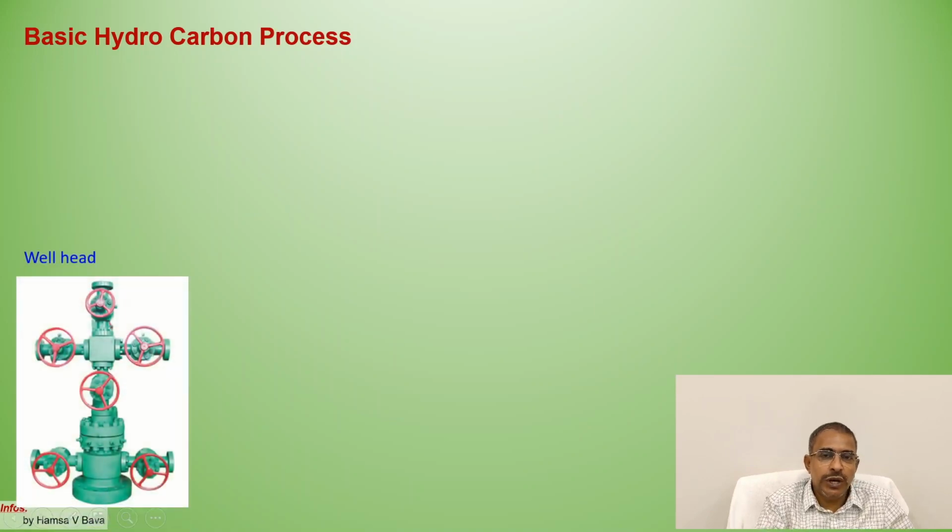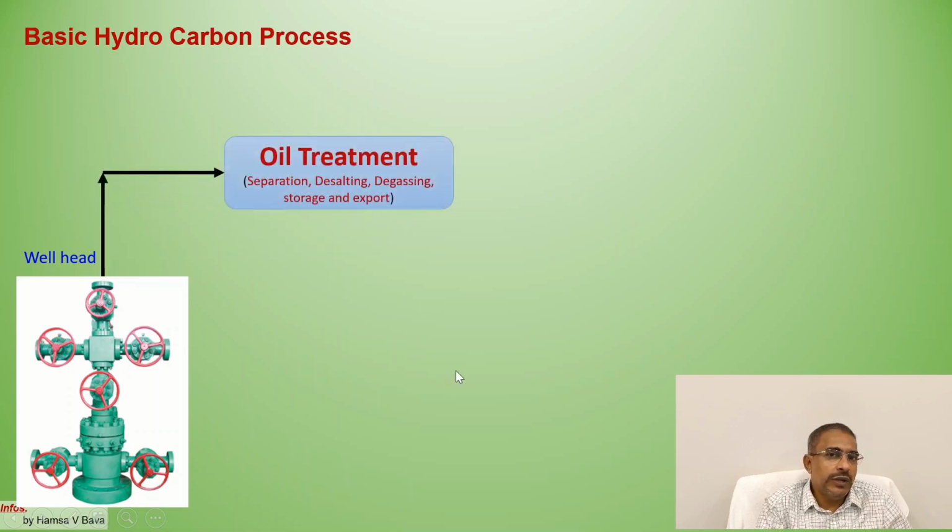As you usually know, I have already explained this in our previous videos. This is a wellhead, from which oil and gas is produced. First we do oil treatment, oil, gas and water separation. The produced fluid from the reservoir wellhead, we separate it: separation, desalting, degassing, storage and export.